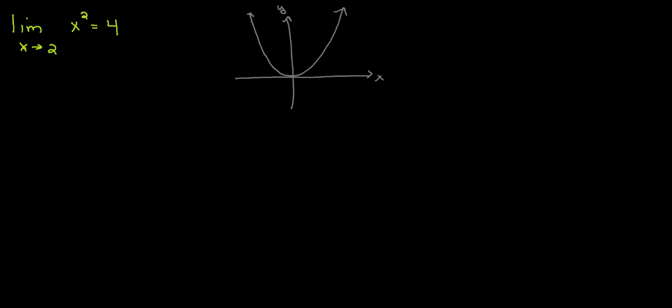The idea here is that x approaches 2, so let's say down here on the x-axis, as x gets close to 2, when I then apply function f to my value, I'm getting close to a y value of 4.